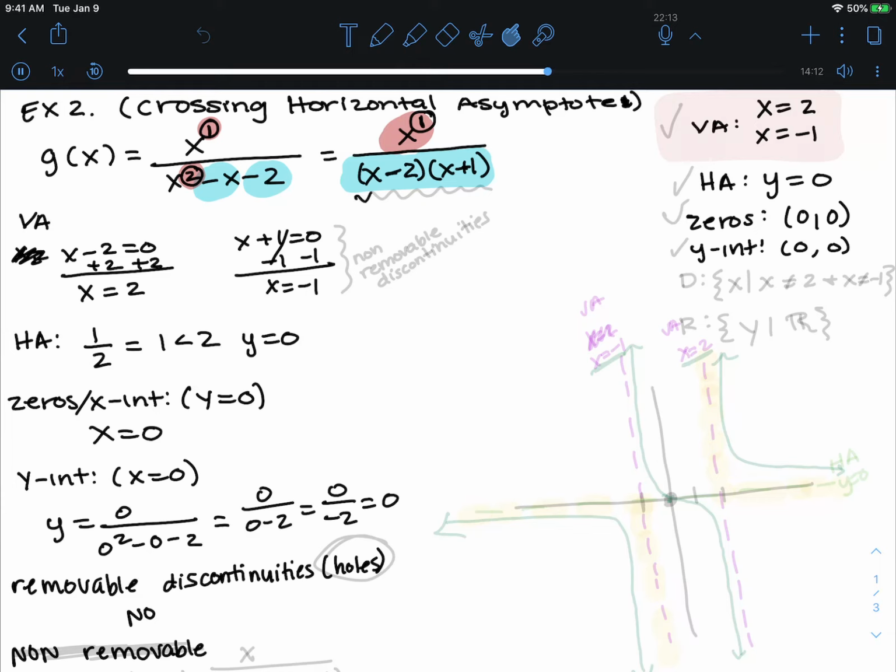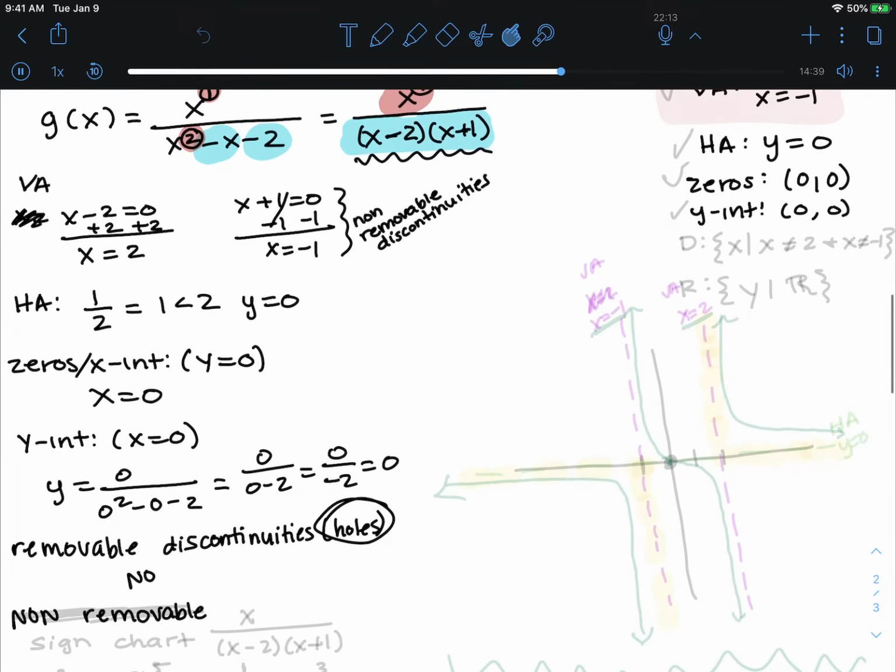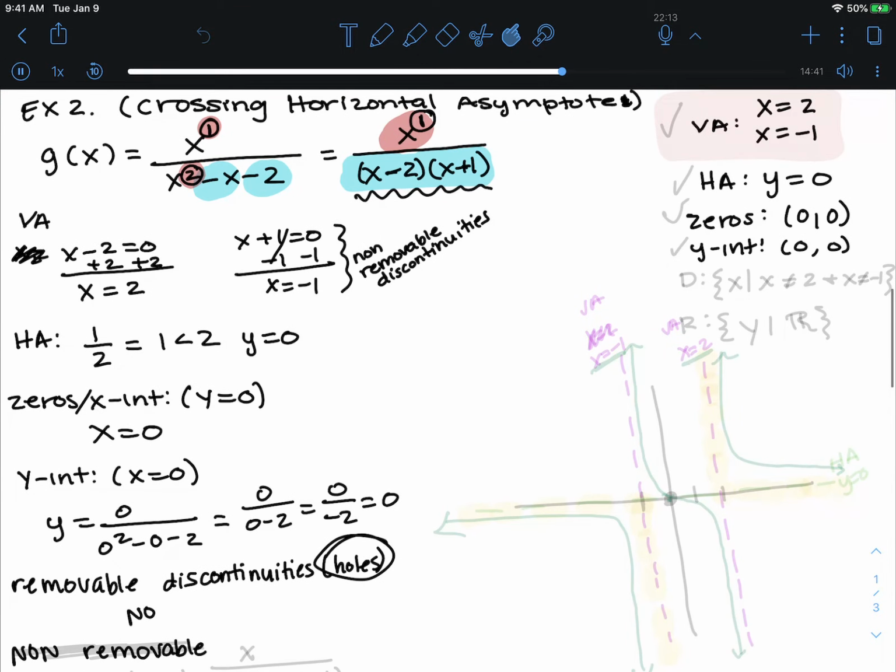Yes, I do. It's x minus 2, x plus 1. But we already found what those were, right? Because the non-removable discontinuities are going to be your vertical asymptotes right here. So we already found those, okay? So now the only thing to worry about would have been the holes. But in this situation, we don't have any because we did not get rid of any common factors, okay?